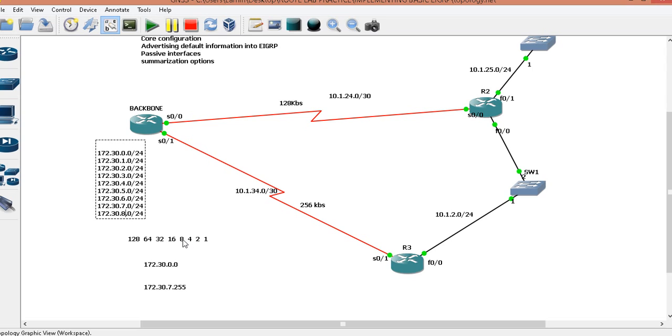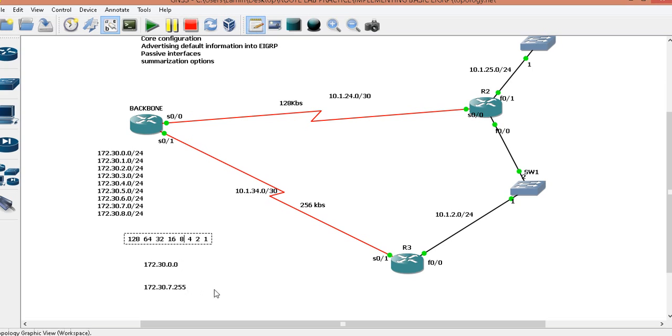The exclusive is not included. So 1 in the 128, position 1, 2, 3, 4, 5. We need 5 bits in the third octet to have our summarized subnet mask.